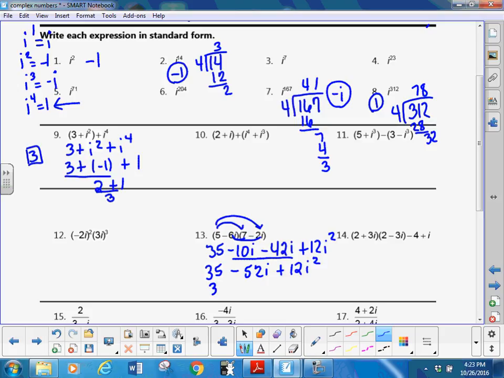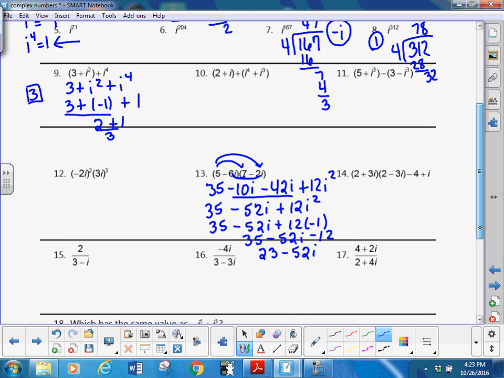Now I can substitute. So I've got 35 minus 52i minus 12. I'm going to put my real parts together. 35 minus 12 is 23 minus 52i. And that's my final answer.